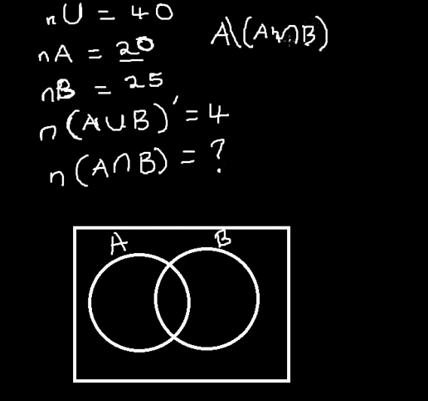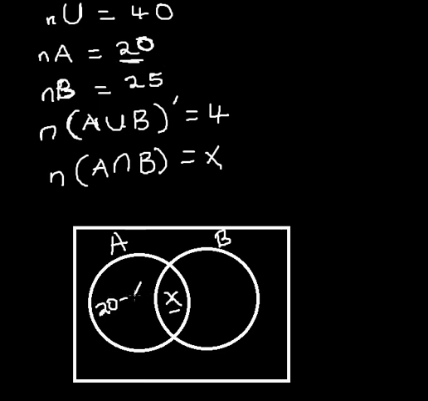The very first thing I'm going to do is, I don't know what the intersection is, that's what I'm looking for. So let me call the intersection I'm looking for X. So the intersection of A and B is X. To get A minus A intersection B, I'm subtracting the intersection from set A, which is 20, so that's 20 minus X. That is A only, A without the intersection.